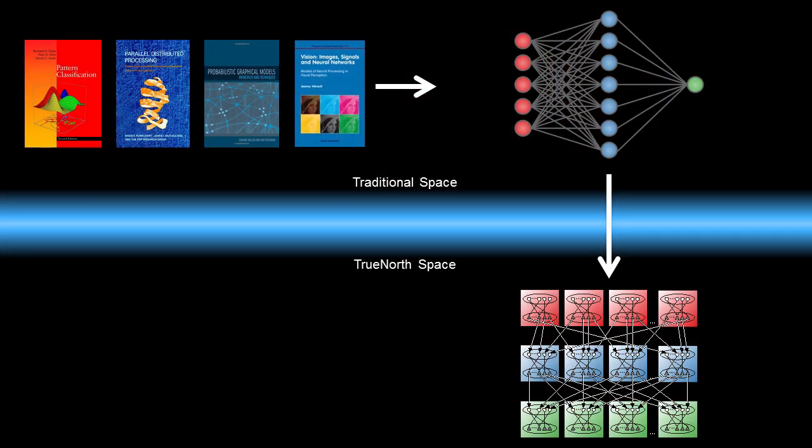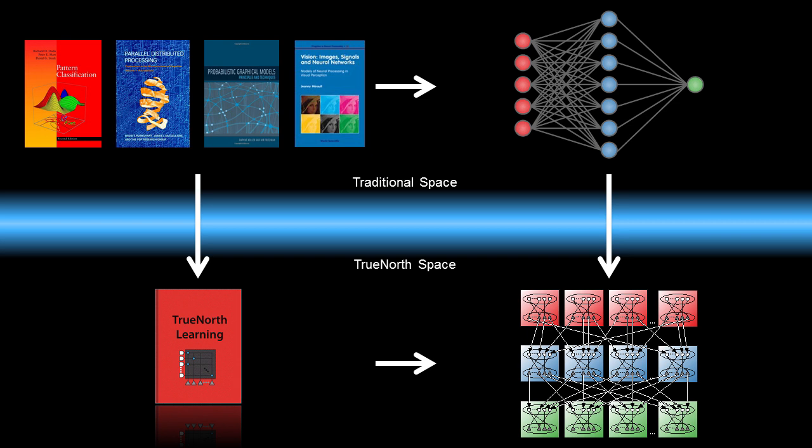Now, in addition to this means of training TrueNorth networks, we've also been looking at a second path, a path that treats the TrueNorth architecture as a first-class object. The idea here is we've actually modified the training algorithm itself so that it can learn within the constraints of the TrueNorth parameter space.